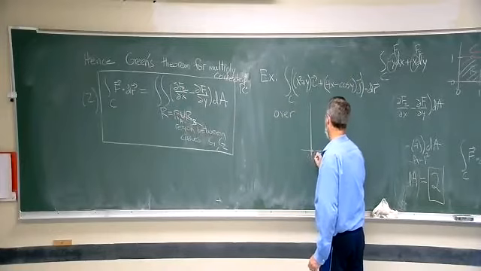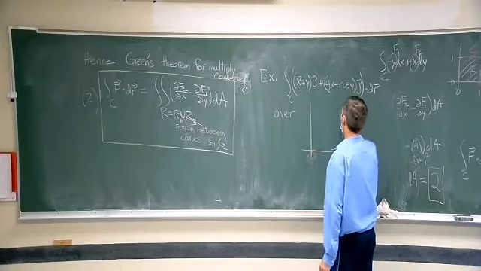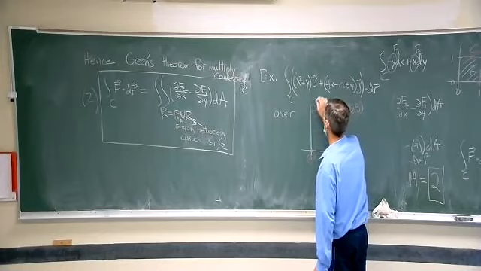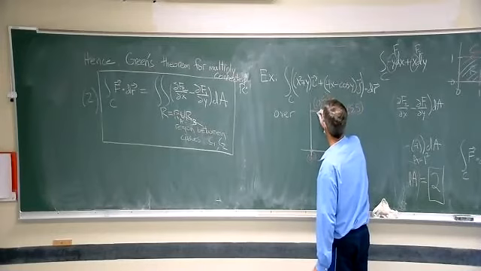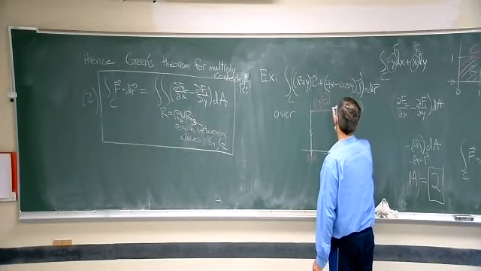You go from 0, 0, up to 5, 0, up to 5, 5, back to 0, 5, back to the origin. Counterclockwise, call that C1.